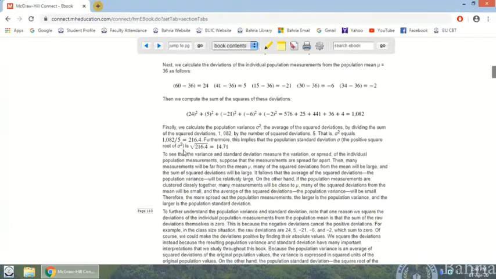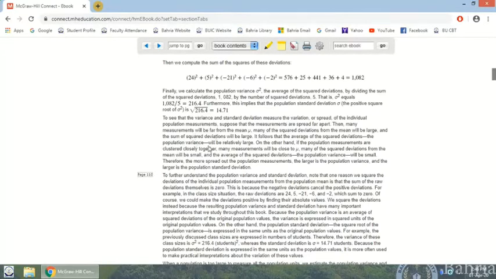So now this is the variance. This is sigma squared, the square deviation, the variance. But when we want to find out the standard deviation, just take the positive square root of this variance, which would be 14.71.